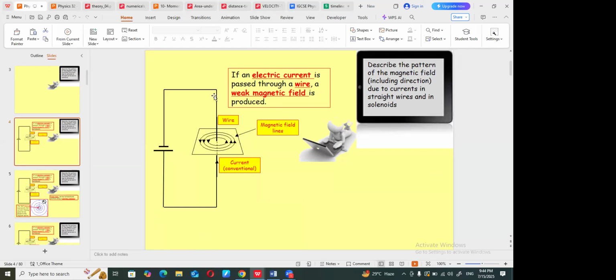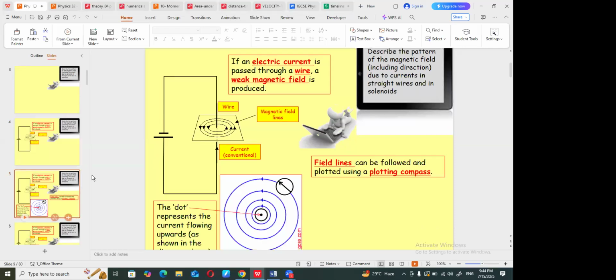So let's suppose this is a wire and it is connected to a battery. Once the current is passing through, you can see that a magnetism is produced within the wire. That magnetism will be either clockwise or anti-clockwise, depending on the direction.